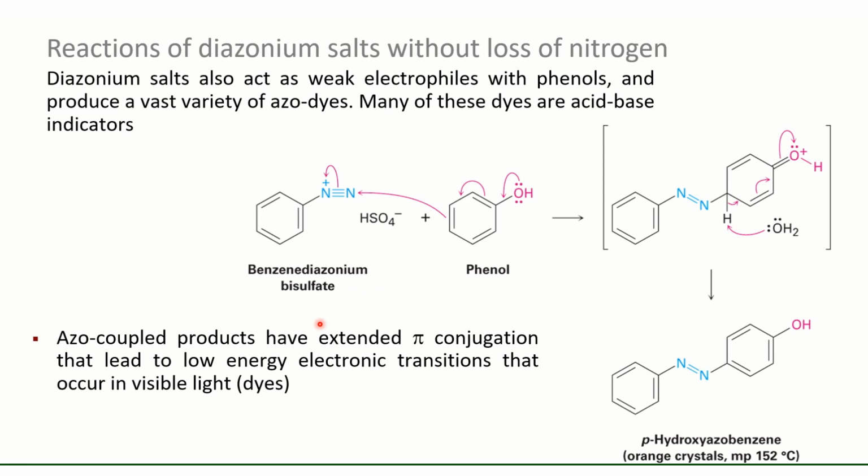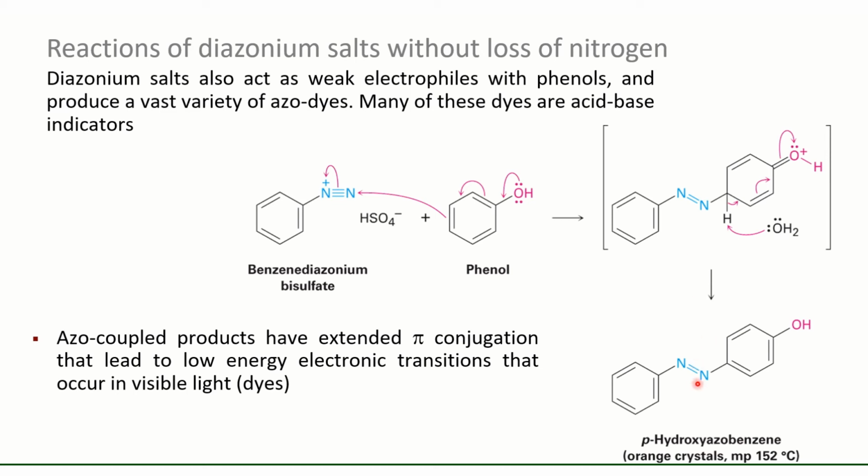The diazonium salts can react without loss of nitrogen, so they can act as electrophiles, and you can see the nucleophilic attack of this phenyl ring onto the diazonium, and we end up with the species which is azobenzene.